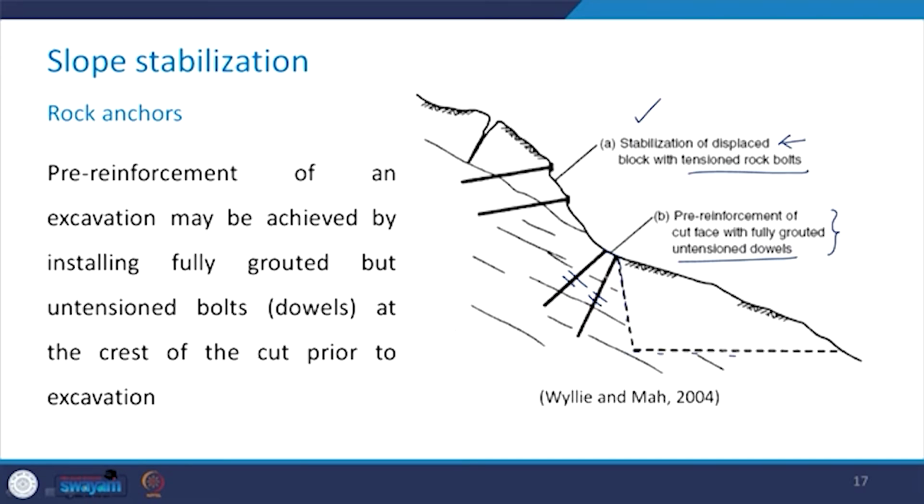Take a look at this figure. These dotted lines show that the proposed excavation is going to take place in this particular manner. Now, before the excavation is carried out, you install these untensioned dowels in this particular manner and then you carry out the excavation.